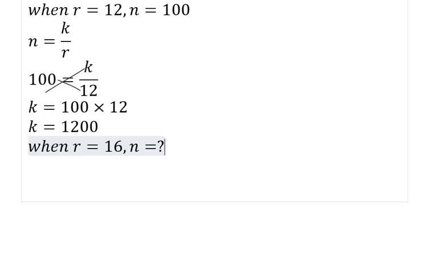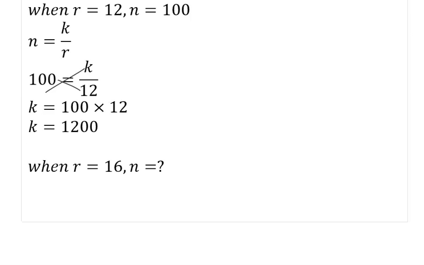That's what the question is asking from us. Just bring out our equation 1. R is 16, and our K is already 1200. So what is N? So our N now equals, just bring out your calculator and punch.